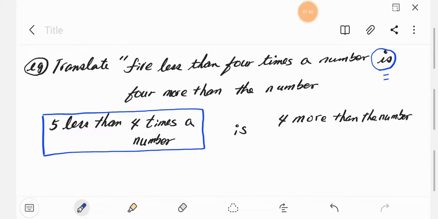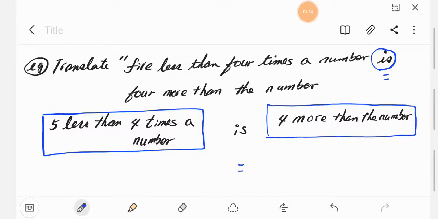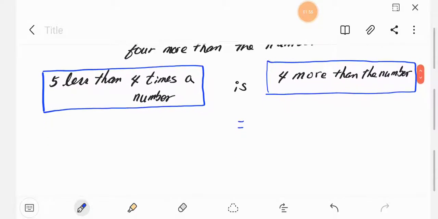This is the subject, and "is" will be the equal sign, and the right side of the equation will be this part, 4 more than the number. This will be the expression for the right side of the equation.